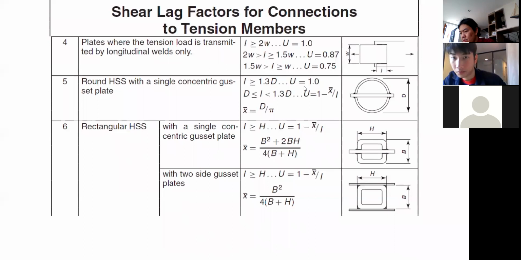If you weld on the end like this, in the perpendicular direction, the shear lag is gone. I can write it down. No shear lag if you weld it like that.